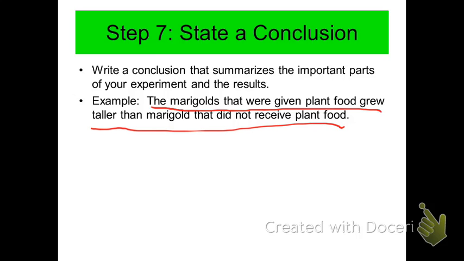The marigolds that were given plant food grew taller than the marigold that did not receive plant food. And ultimately, for the most part, if you remember going back to that data, all of them grew taller than the control, except for one. So go ahead and fill that in. I'll give you some time.